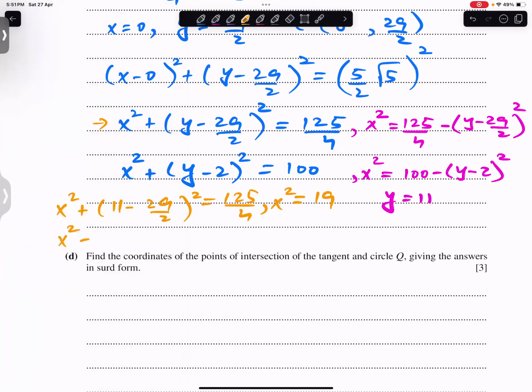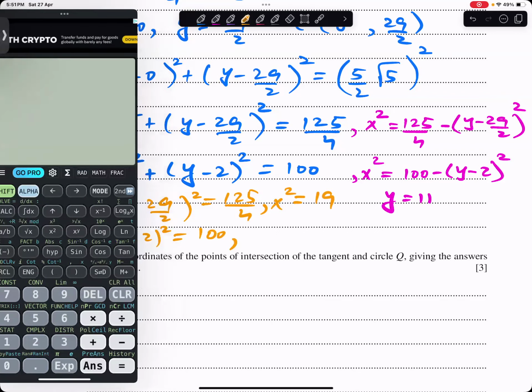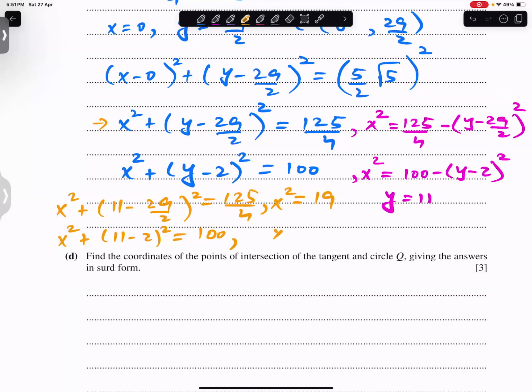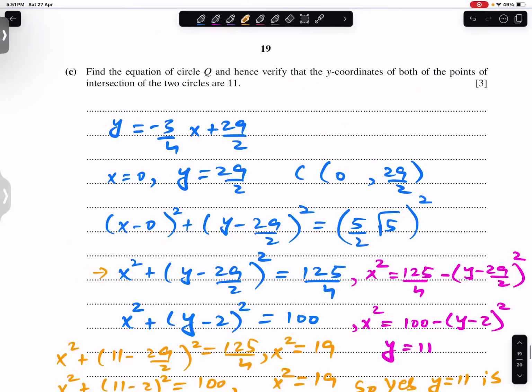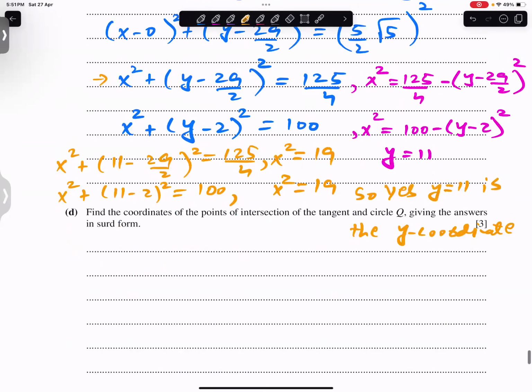And again x² + (11 − 2)² = 100. 11 − 2 is 9, 9 squared is 81. So 100 − 81 is again 19. So x² = 19. So yes, y = 11 is what he asked, the y coordinate of the points of intersection. Okay, so this is the other way and shortcut way.